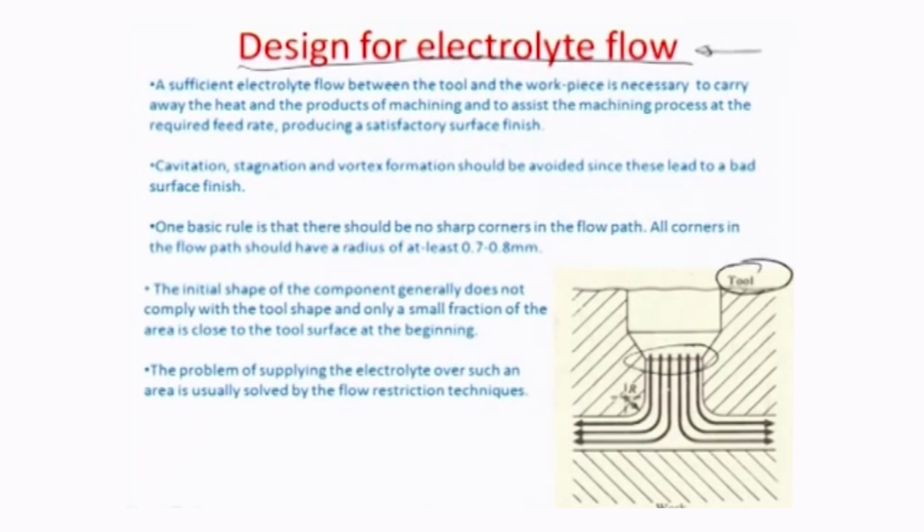So, for example, in this particular figure there is a concentric channel available on the tool electrode, and this gives an option that the electrolyte can be pumped in, and you can see that because this gap is very small, the curvature here is smooth. So, it makes the electrolyte flow in streamline shapes.